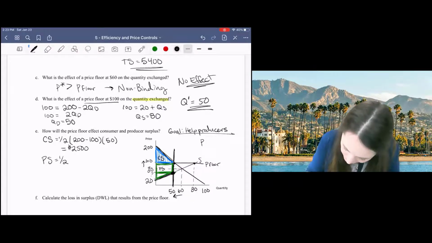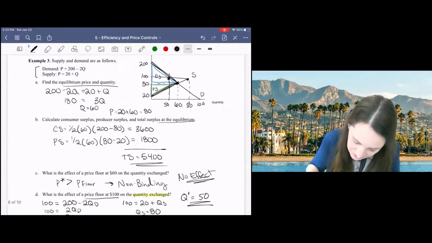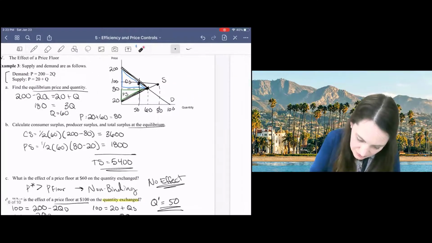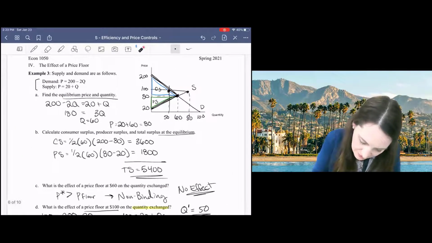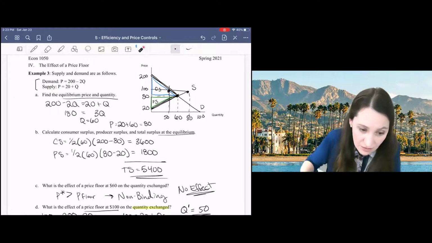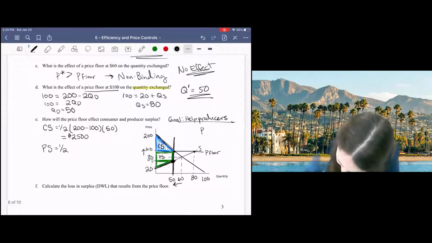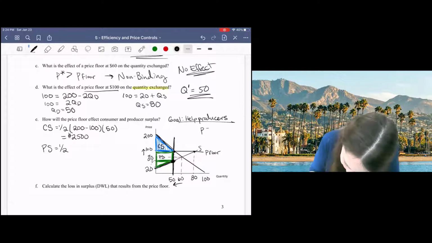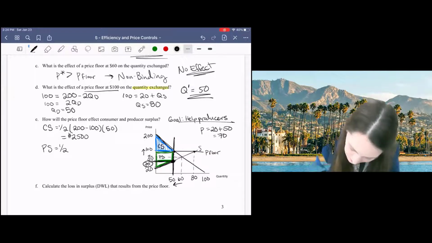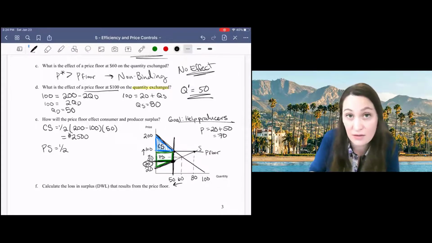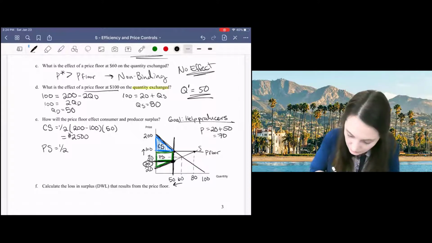So I'm going to take my supply curve, which is P equals 20 plus Q, and I'm going to plug in 50. And I see that the price here is 70. That's the price that splits my producer surplus into a triangle and a rectangle.